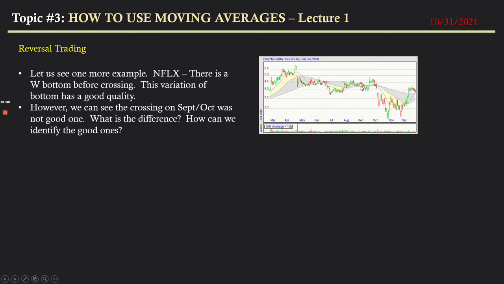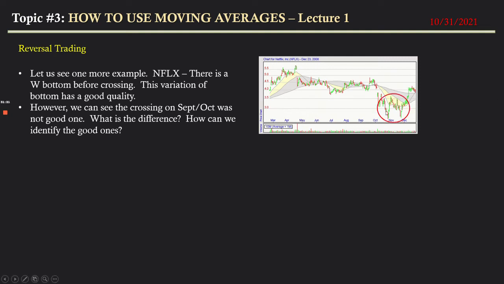The short one crosses the long one, but it fails, right? So we need to understand how you identify these failings. We will talk about it in the next future topic. We cover more strategies to avoid or minimize the chance to get it wrong.